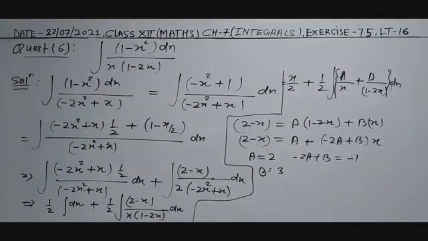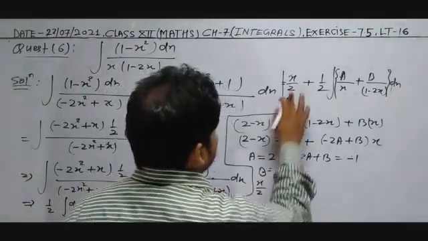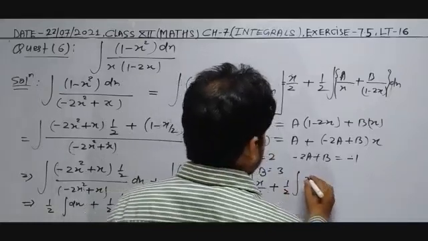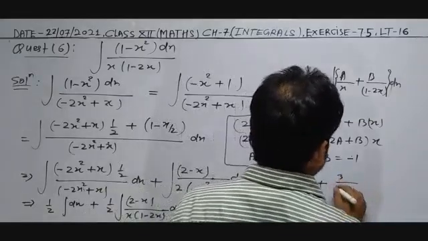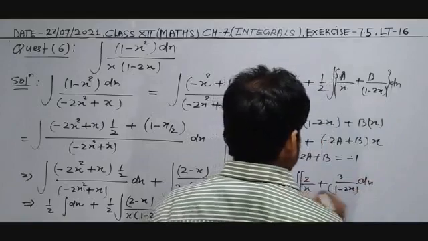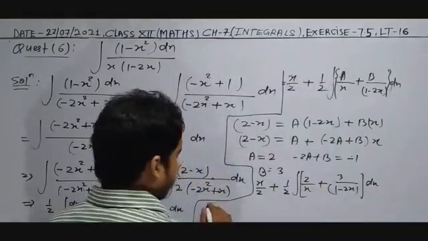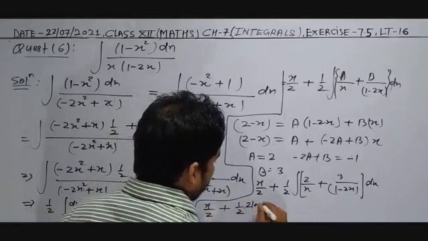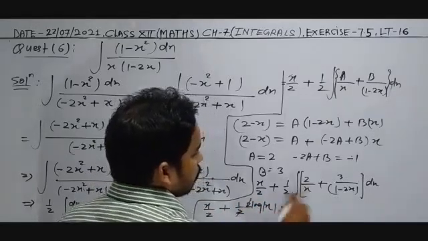So what will be our fraction? Our fraction will be equal to x by 2, I have already integrated, plus 1 by 2 integration of 2 by x plus 3 whole upon 1 minus 2x dx. Now you can integrate easily and its result will be x by 2 plus 1 by 2 times log of mod of x. So 2 will cancel out and plus 3 by 2 is here.